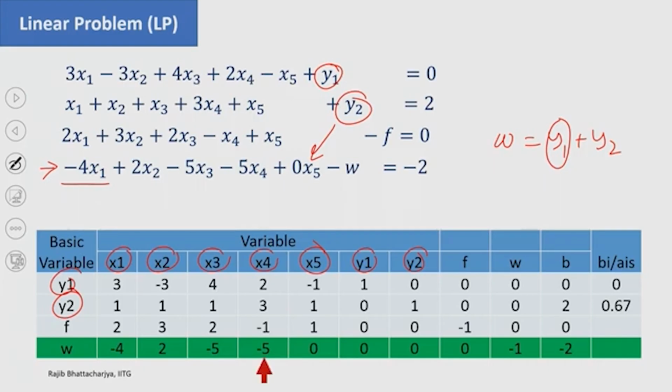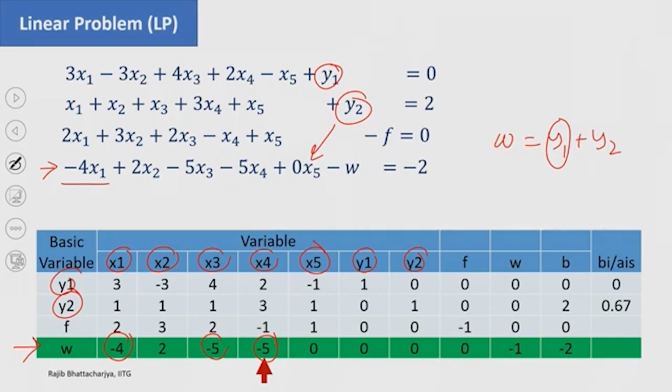Now what do you have to do? We are minimizing this w function, so we have to look whether there are any negative values. Yes, there are negative values: minus 4, minus 5, minus 5. We have to consider the minimum one, which is minus 5 and minus 5, so you can take any one arbitrarily, either x 4 or x 3.